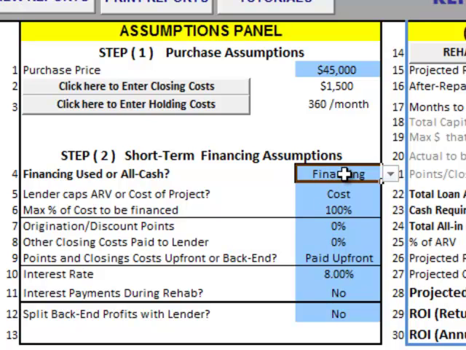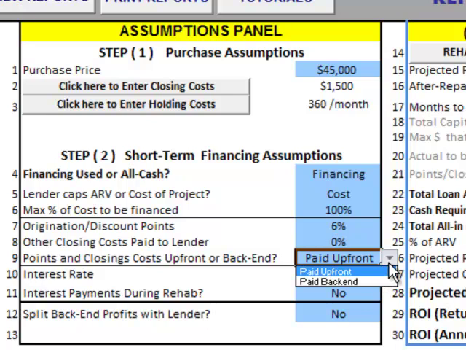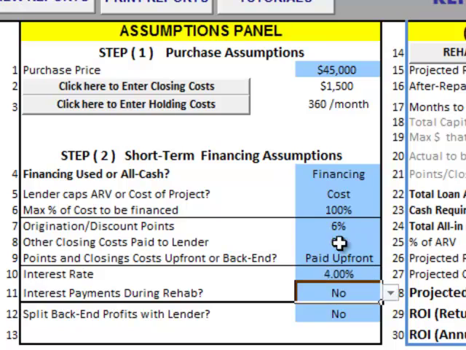So this is what that would look like. You say, I will pay you 6 points, and I'm going to pay it up front. And I will pay off the interest on this line of credit every single month.